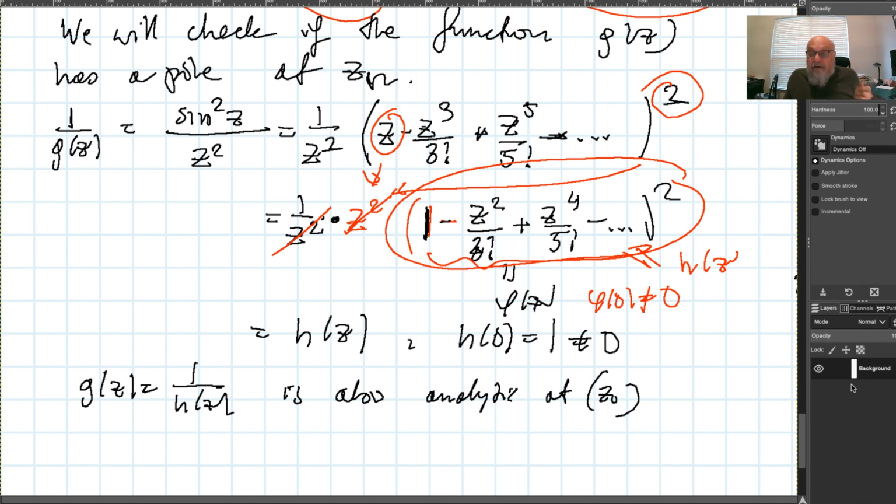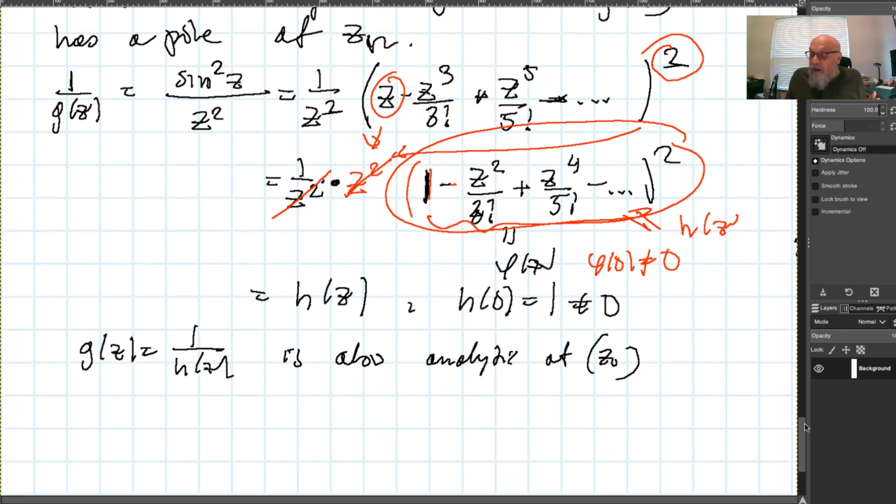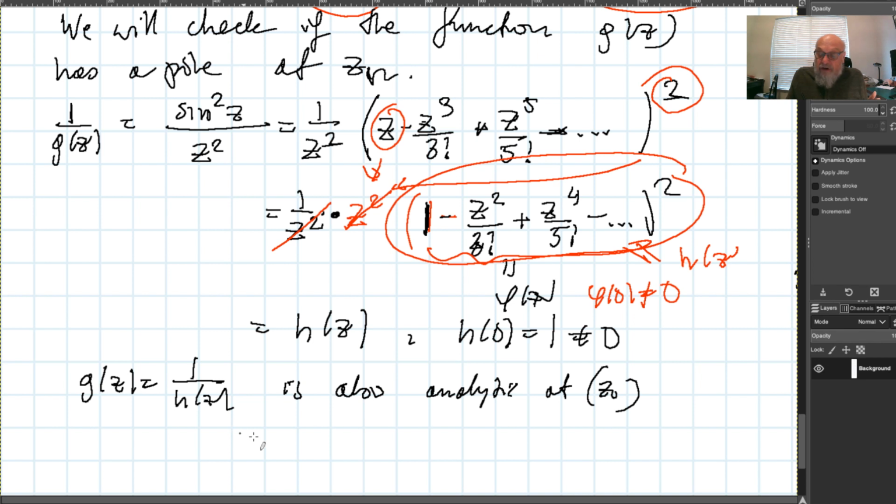There are no negative powers. There is no pole. So that means z0 equals 0 is a removable singularity.